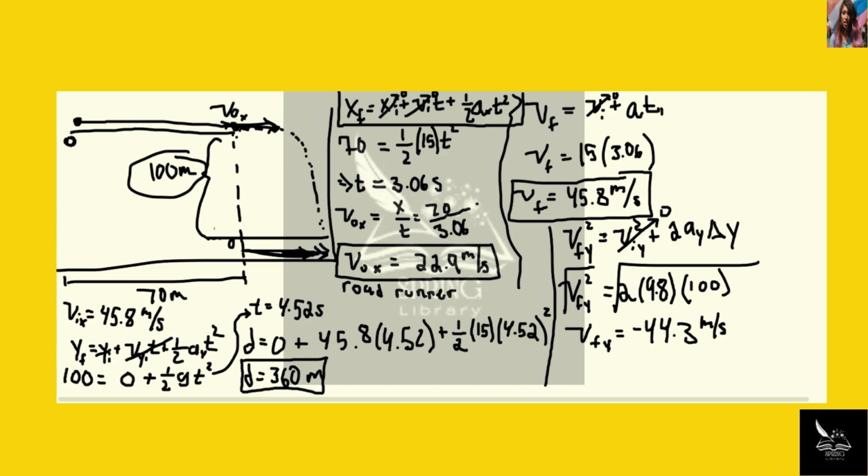For the horizontal motion, we want to substitute the given values into the kinematic equation for the horizontal motion to find the horizontal component. And we'll do that as follows. We'll just do that right down here. We don't need too much space for this last part.